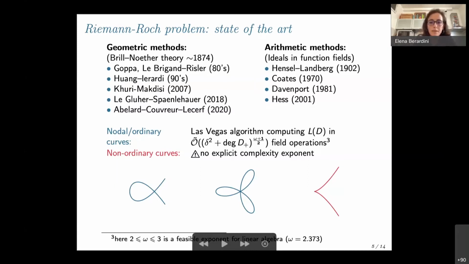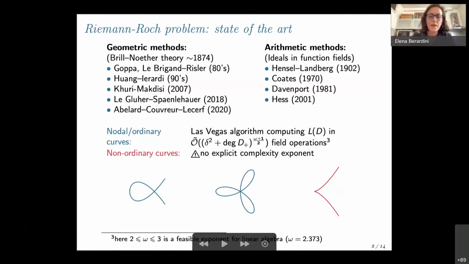And what we were missing till now was an algorithm that works also for the general case of curves with non-ordinary singular points.